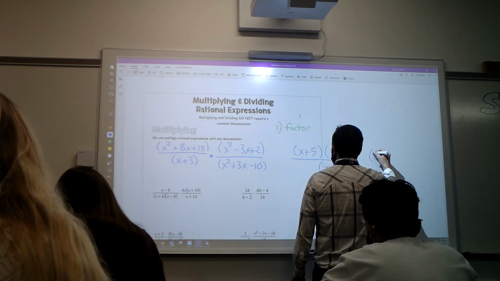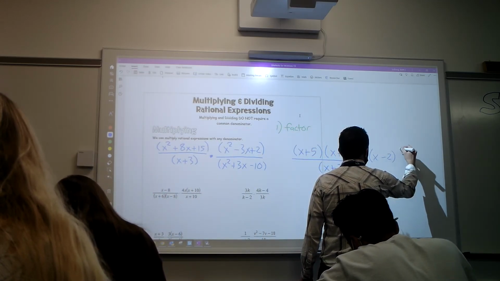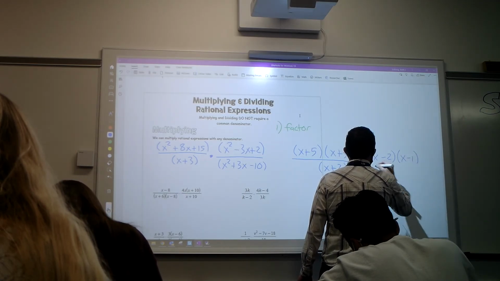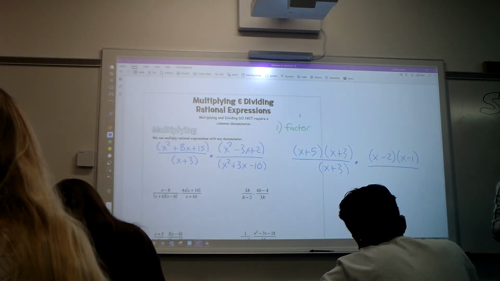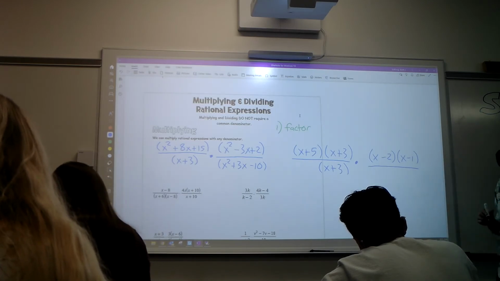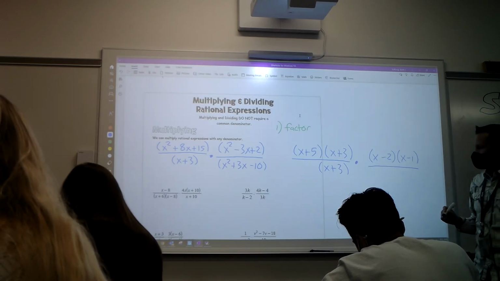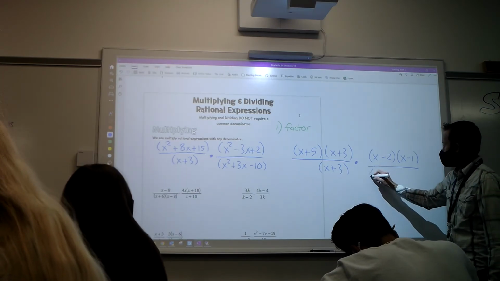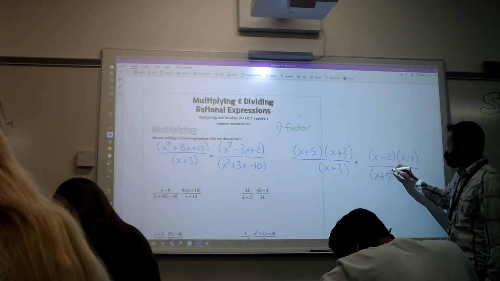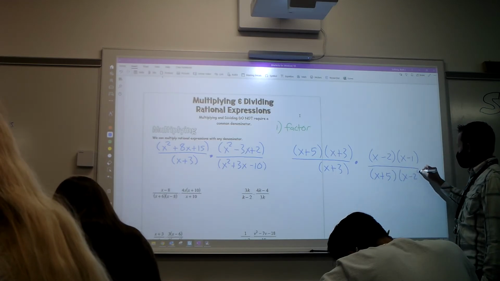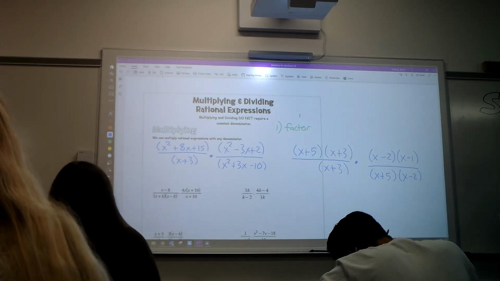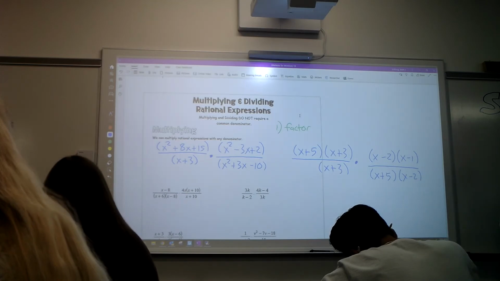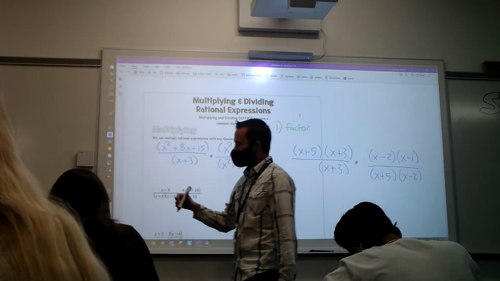So this is -2 and -1, right? Great explanation. Okay, Brindley, what about the denominator there? You guys agree? Yeah, multiplies to -10, adds to +3. Alright, so step 1 is we factored this out, okay?